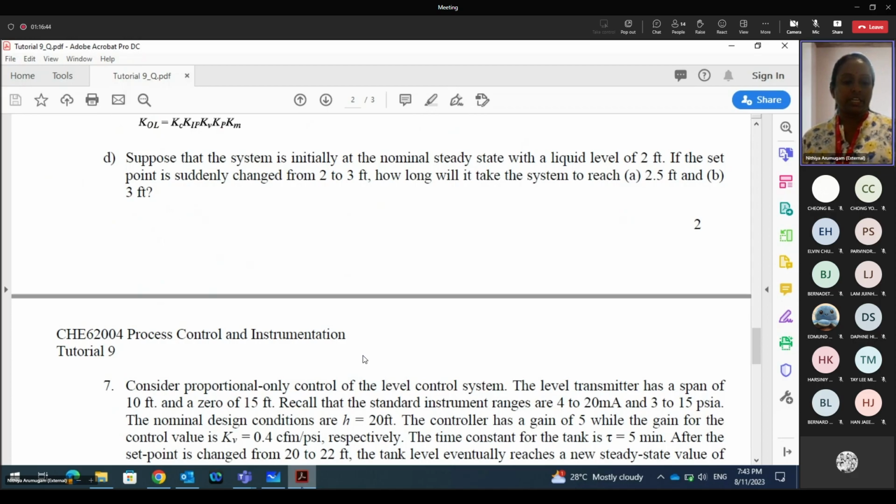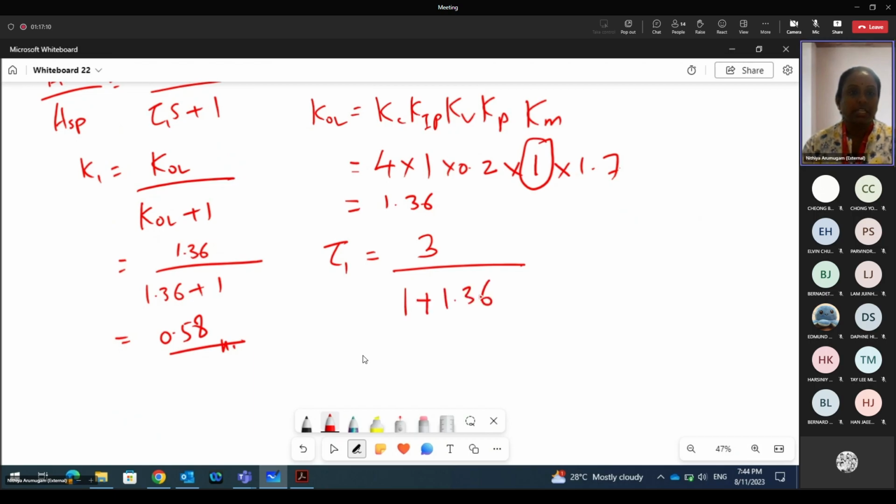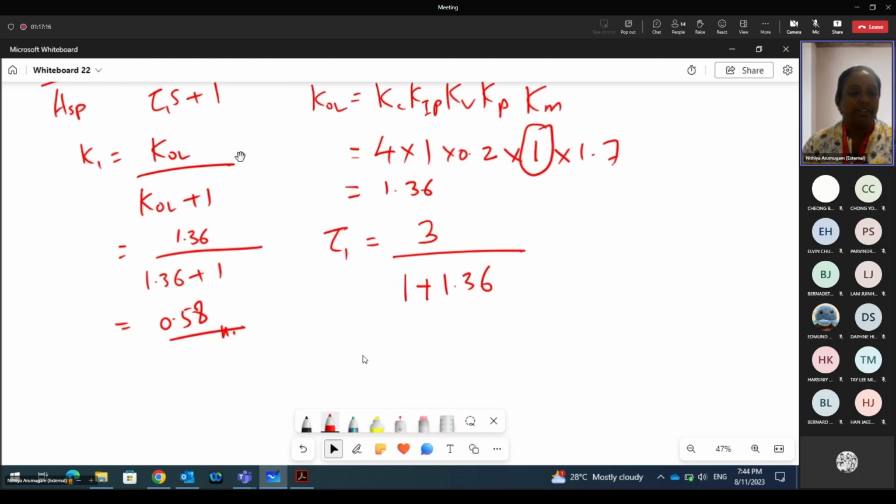How long will it take? For us to go first, they're asking for 2.5, right? So they want us to calculate the time when the height is 2.5 feet and also 3 feet. Okay, so first we're going to do 1 plus 1.36. Why? Because the expression for tau from our previous question is tau equals tau over 1 plus KOL.